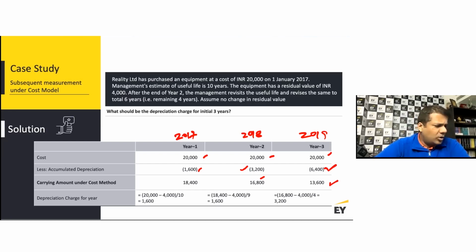All right. I hope this is clear to all of you. The important thing is, again, impressing upon the point that a change in depreciation or estimated useful life or residual value or method of depreciation, all of that is considered a change in accounting estimate to be accounted on a prospective basis.